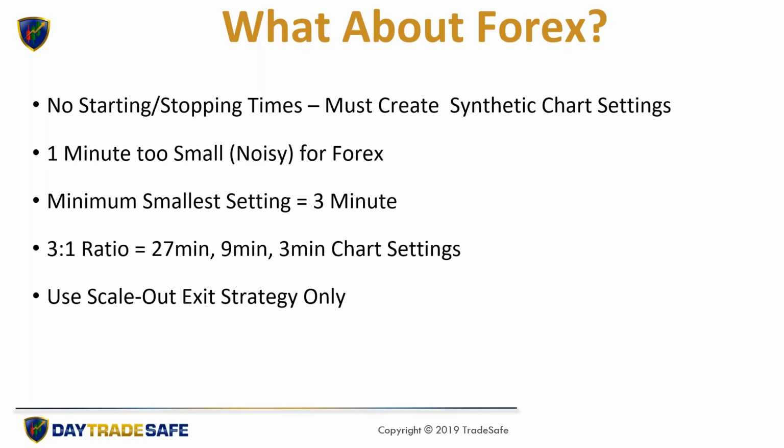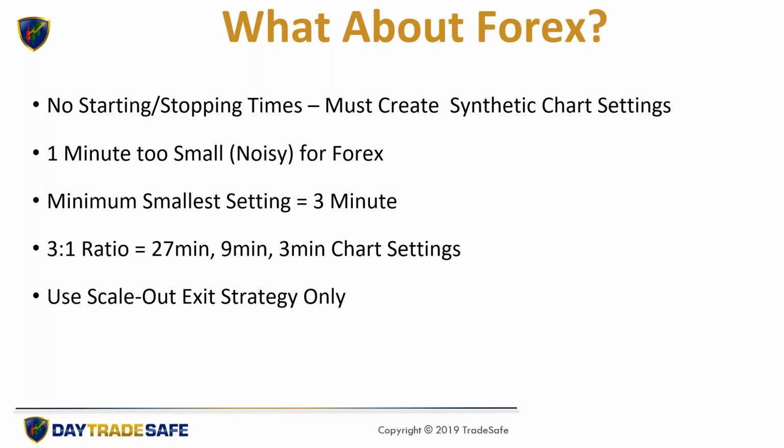Now, you may say, well, how do I know where to get out of the first target? Well, if only the 3 and the 9 agree, you might want to get out at maybe $100 worth of profit. If all 3 agree, you might want to increase that to a larger number, say maybe $200.